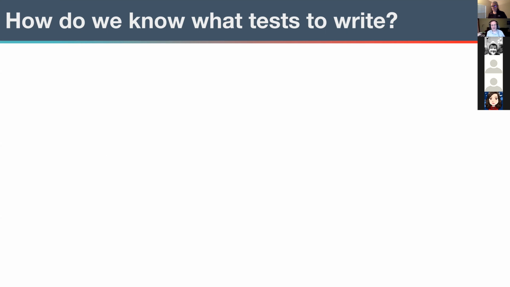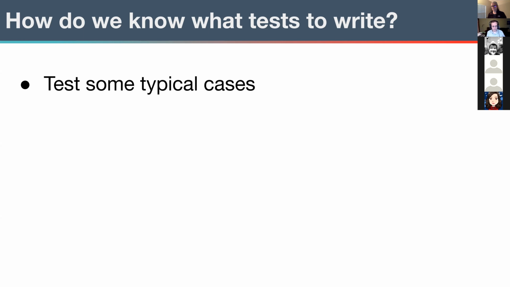More difficult question is, how do we know what tests to write specifically for scientific software? So we can start off by testing some typical cases. Then we want to write tests for the special cases.